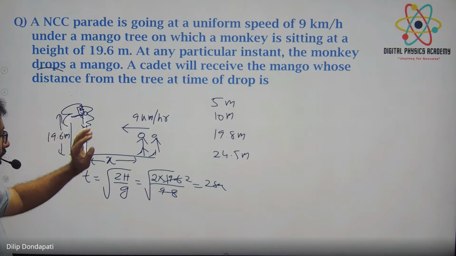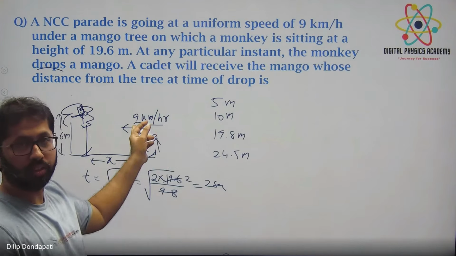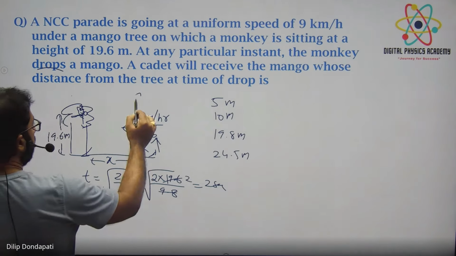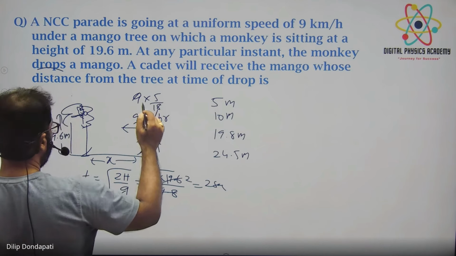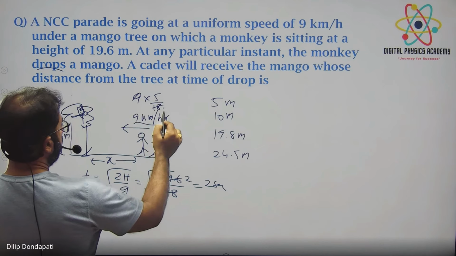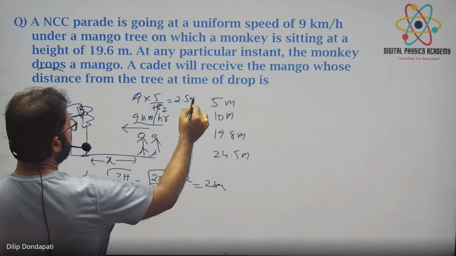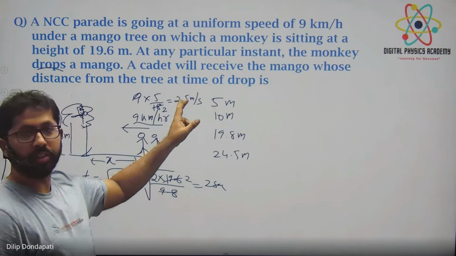Okay. In 2 seconds में कितना distance travel किया होगा? There is no acceleration, constant velocity. Here 9 kilometers per hour is given. Converted to meters per second. So कितना होगा? 5 by 10. So 2.5 meters per second. Now find in 2 seconds में कितना distance travel किया?